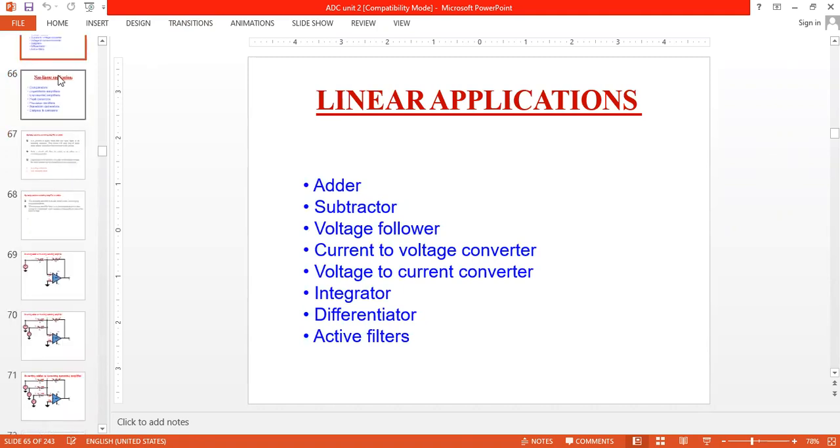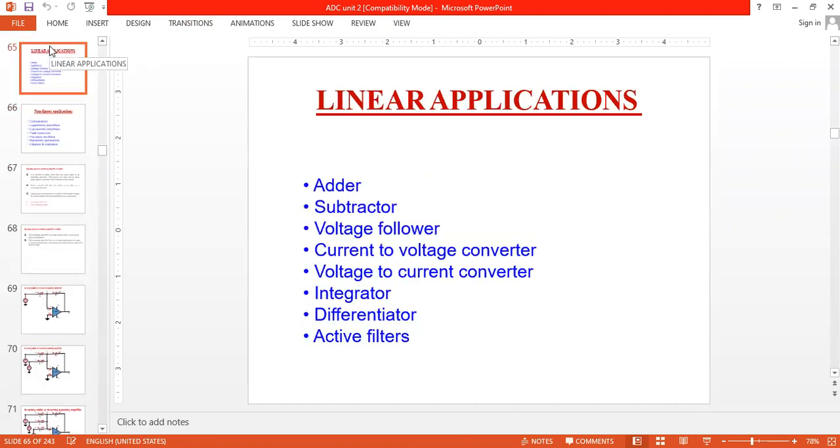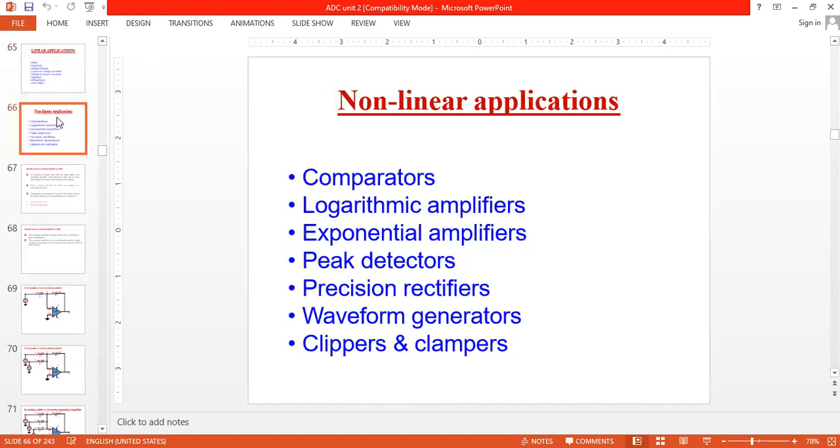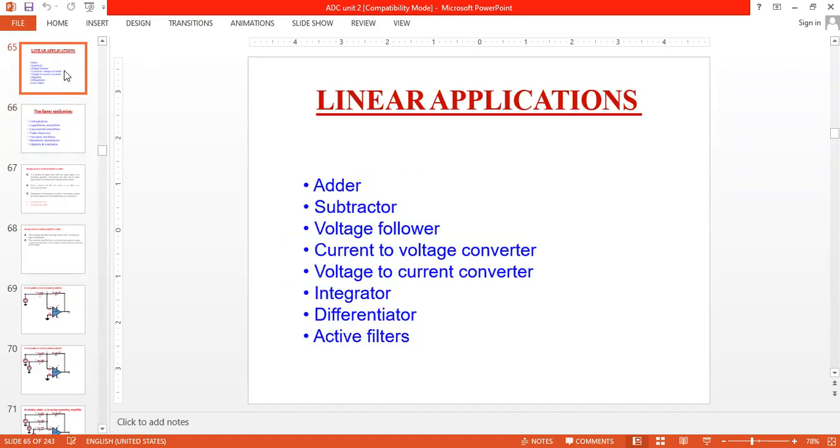So what is linear? If the output is connected with the feedback, a feedback loop, we can call it a linear application. If there is no feedback loop and it is open loop, we call it non-linear. Linear means it will give an output where the output varies with respect to time in every interval.